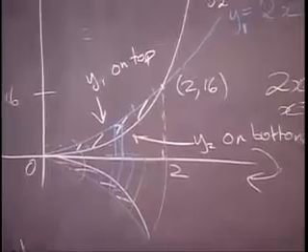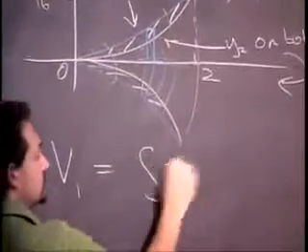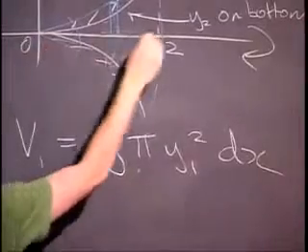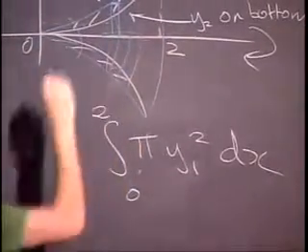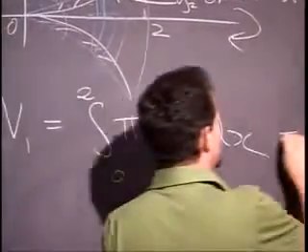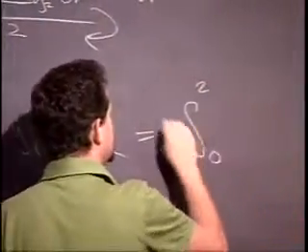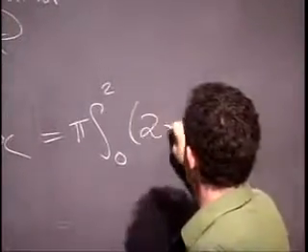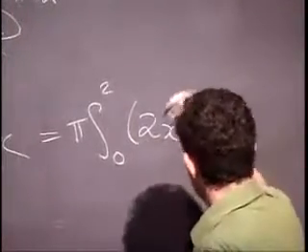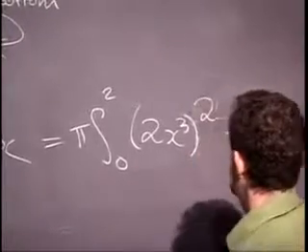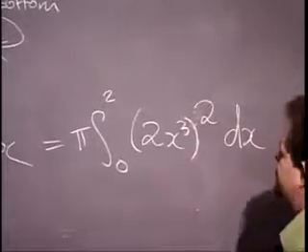So volume 1 is the integral of pi y1 squared dx, from 0 to 2. Pull a pi out at the first opportunity. y1 is 2x cubed, and now you have to square that, dx.